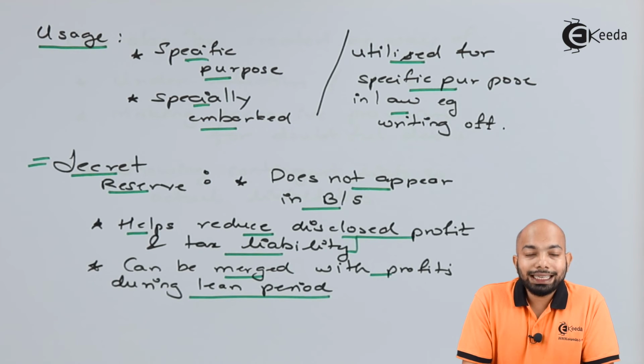This reserve is created with a specific reason: to hide the profit and loss or tax liability. If we want to reduce our tax liability by a certain number, not by a huge margin, by a negligible margin, then we create this reserve. This is just like a piggy bank for us.